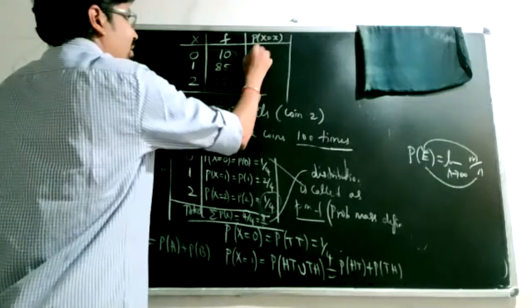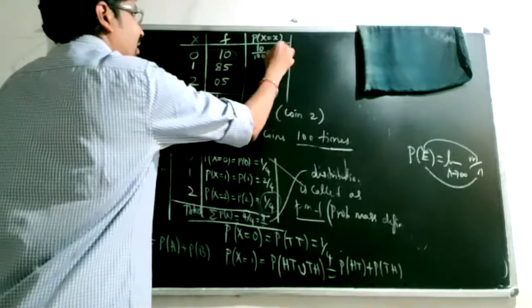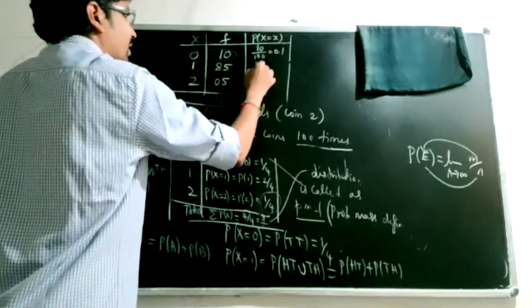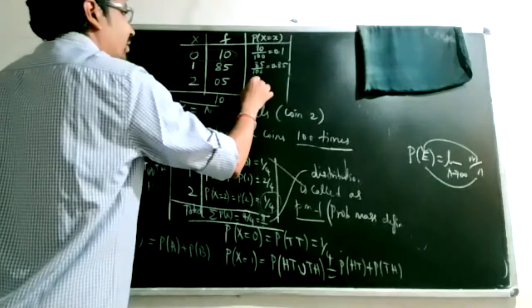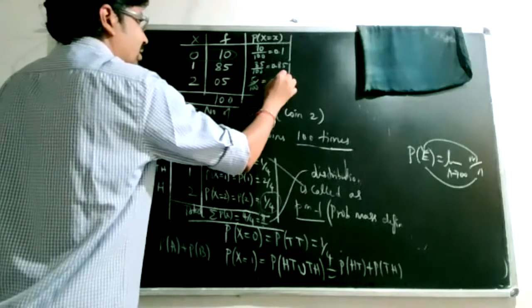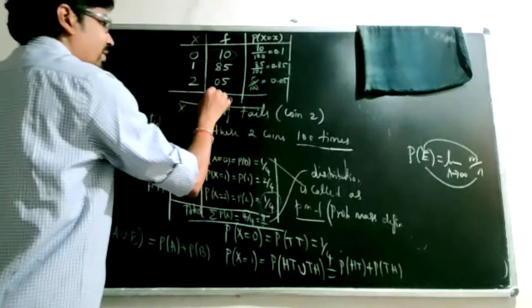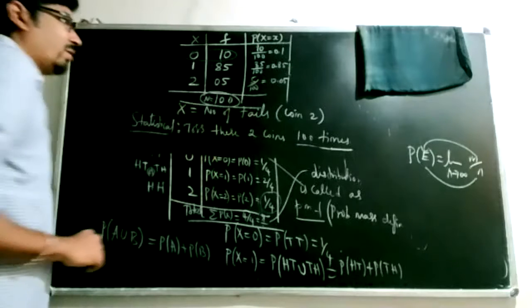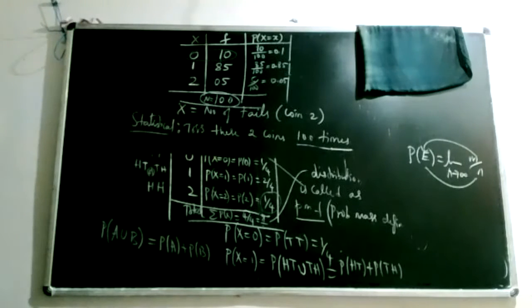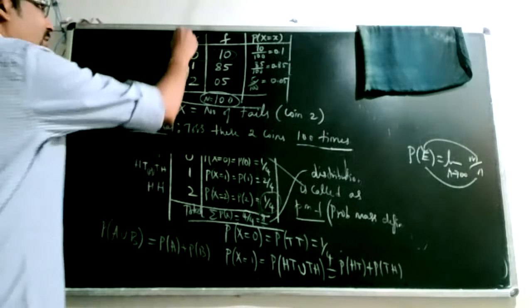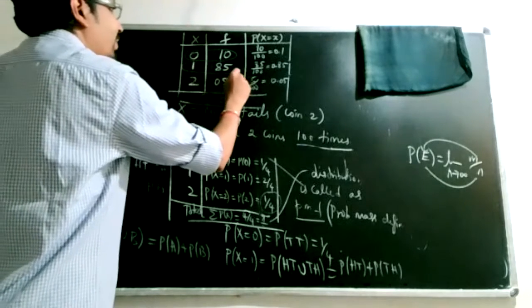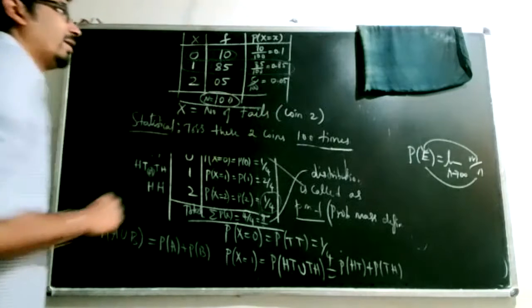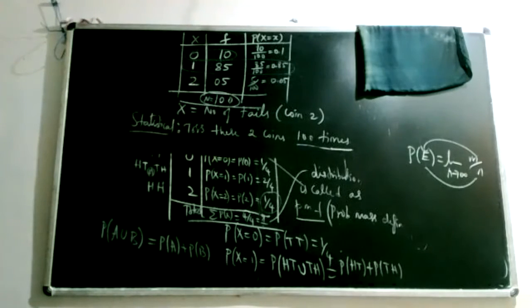So it is 10 out of 100 times, which is nothing but the relative frequency. So you are computing relative frequency, and whenever your n is very large, the relative frequency can be easily taken to be the probability. Now, this biased coin is such that it produces 85% of times one head or one tail.